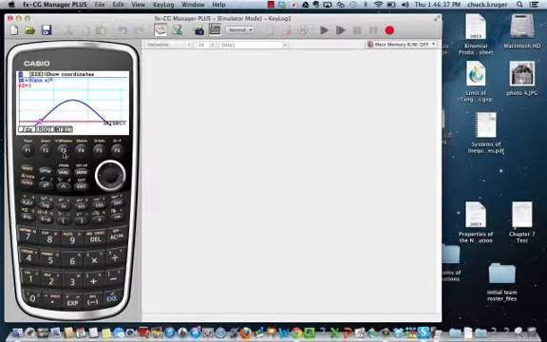I'm going to go from intersection to intersection, so that's my lower bound, and I press execute. Then it goes to my other intersection point, I press execute, and there's my upper bound. You can see them up here, and my area is about 2.36, so actually 2.37 if I round correctly.